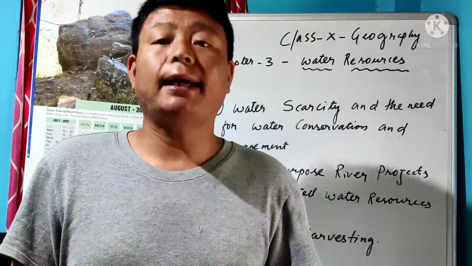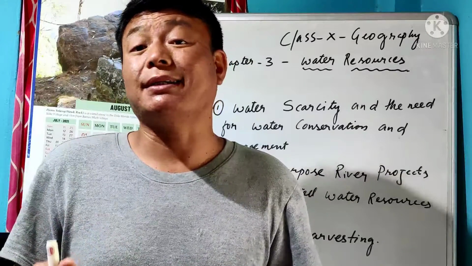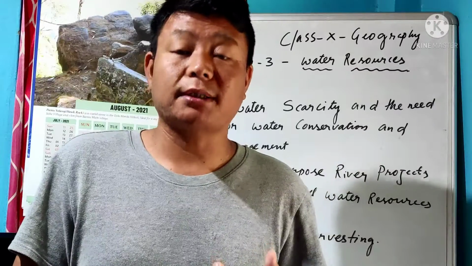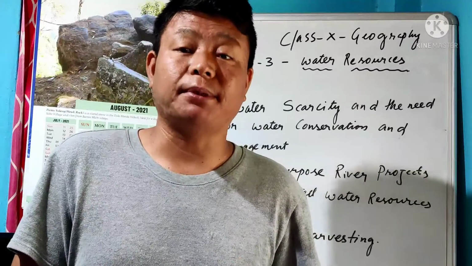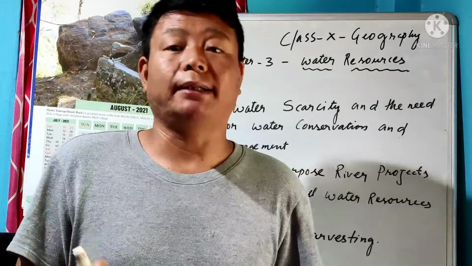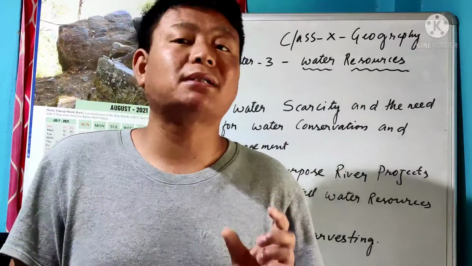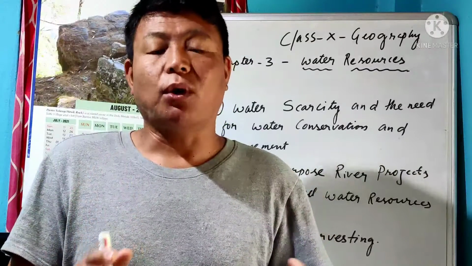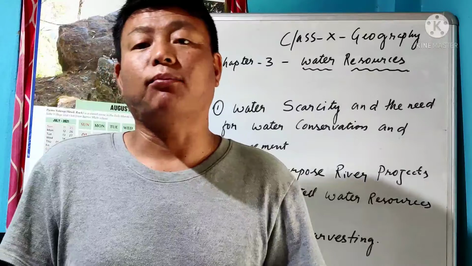But in practical life, we found that water scarcity is greater. If you see parts of Gujarat, Madhya Pradesh, Rajasthan and many more parts of the country, the scarcity of water is greater there. They are utilizing water, especially underground water, more or less.